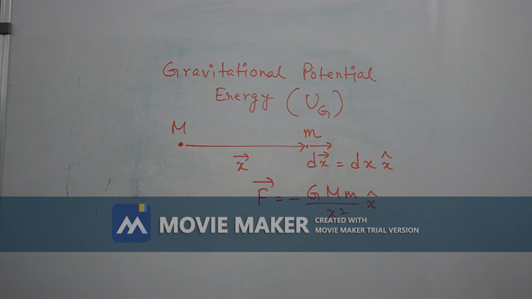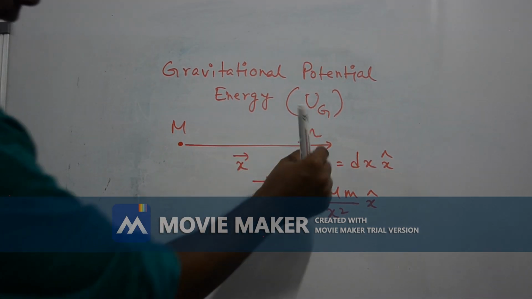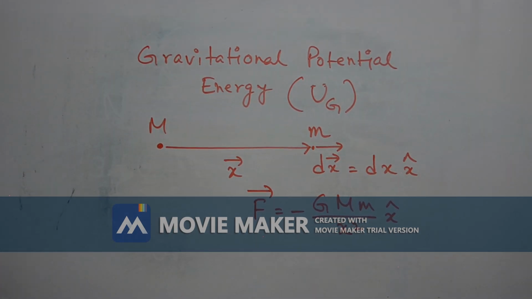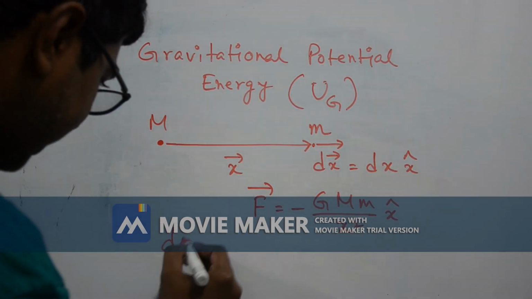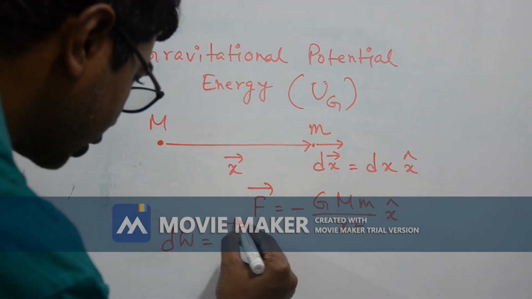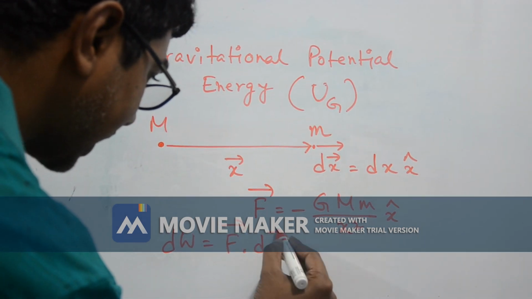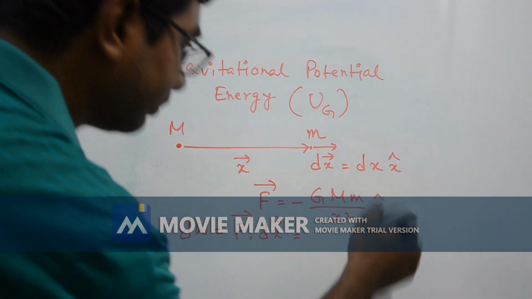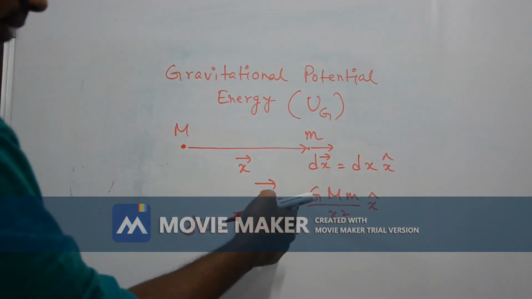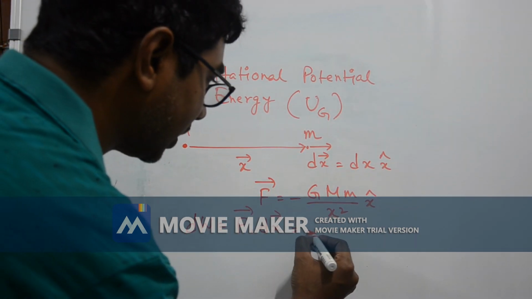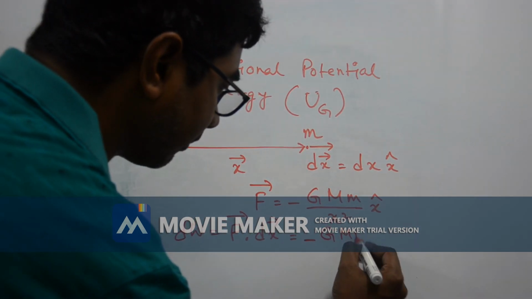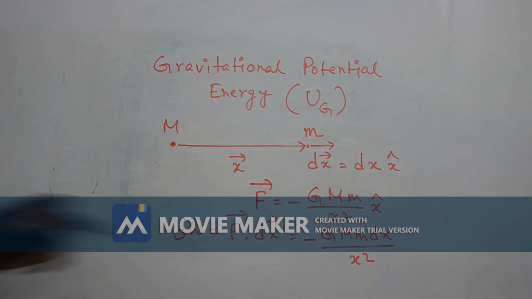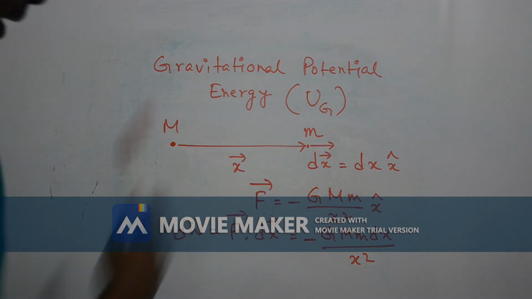Now if we displace this particle by a small amount dx, the infinitesimal work done dW is F dot dx. Because x cap dot x cap becomes 1, it becomes minus G m m dx over x square. This will be the infinitesimal work done by the gravitational force.